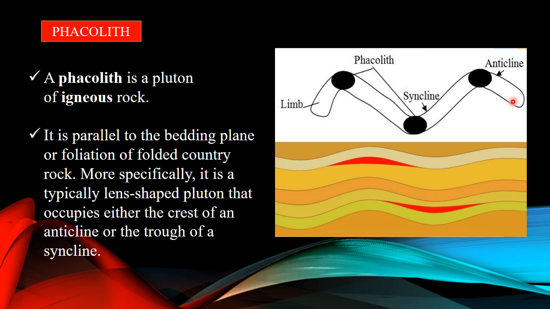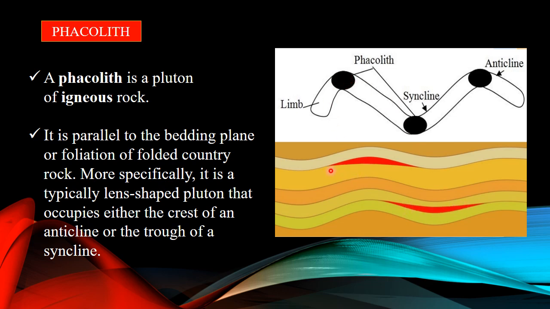So when the magma accumulates in the syncline and anticline in an alternate manner, this type of form is known as a phacolith of the igneous intrusion body. We can see in this image, these red colors indicate the accumulation or formation of magma here, and this is another formation of the magma.